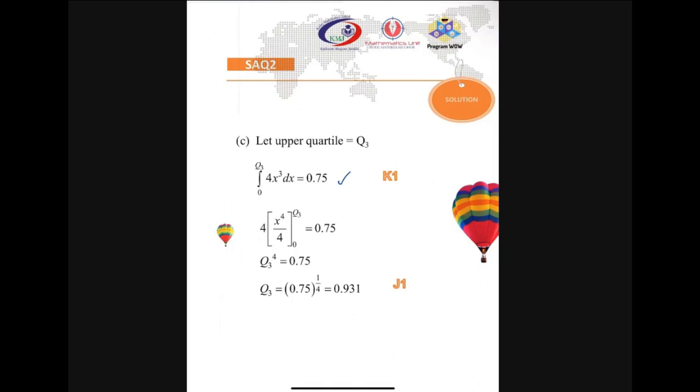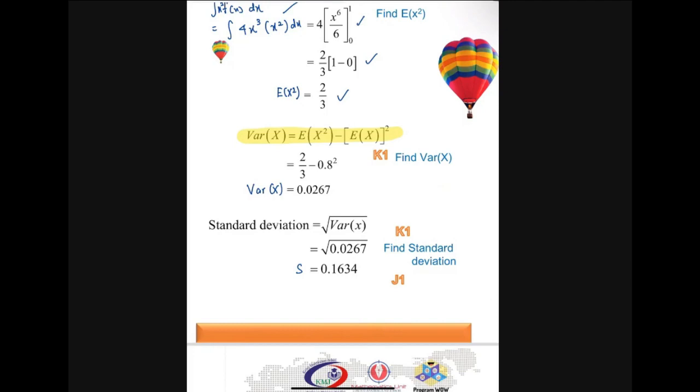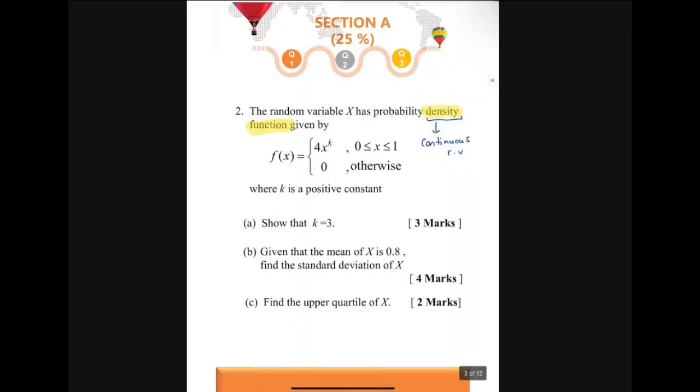That's how we get x to the power of 4 over 4. We can simplify this up, and then substitute the limit. We have Q3 to the power of 4 is 0.75. So you just have to simplify it up. Finally, our Q3 or upper quartile in this case would be 0.931. Okay, now we proceed with the third question.